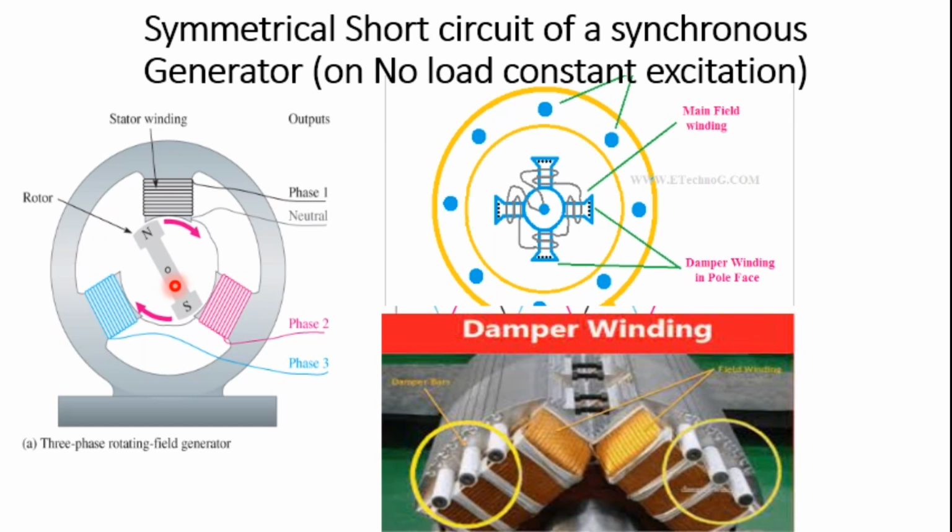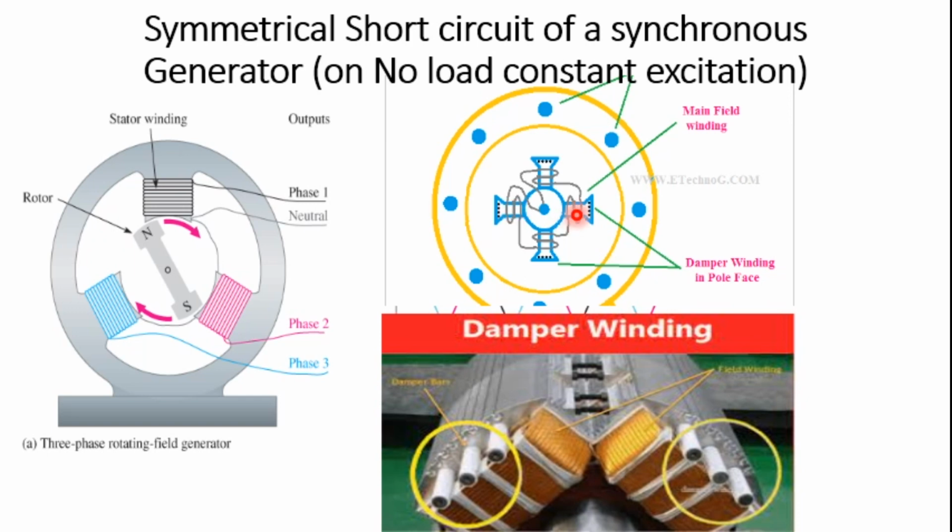Also, the field structure is placed with the damper windings, which you can see here. These are the damper windings on the pole faces at both ends. The field winding is excited by DC current.